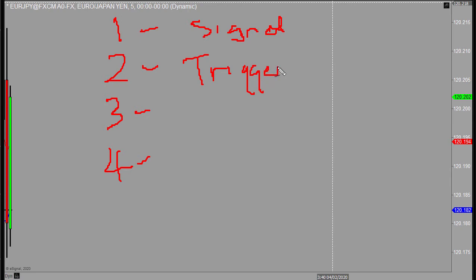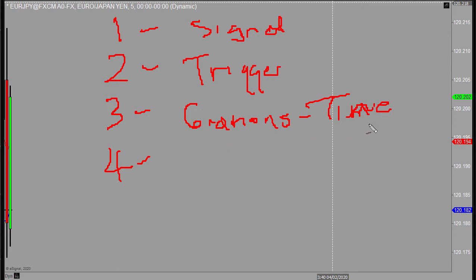And as I say, I'll explain these in detail. Signal, trigger, and then the part of the signal and the trigger are one thing, and I'll call this a condition and additional conditions, and I'm going to put time here.